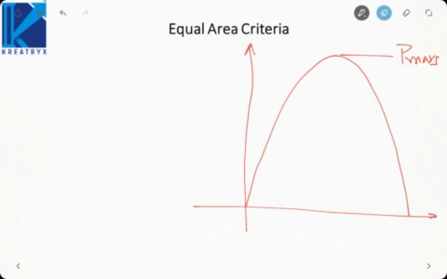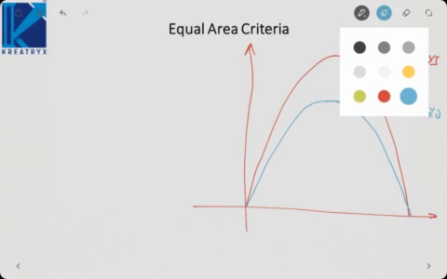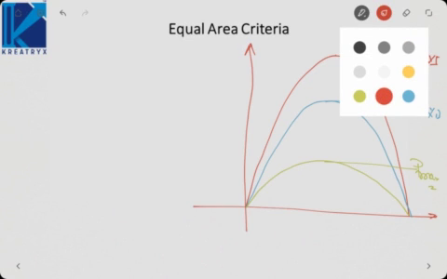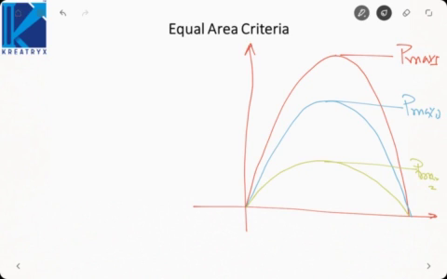The lower curve will be P max 3 and still lower will be P max 2. Now the mechanical power should be less than P max 1 and P max 3, that is, the mechanical power should be less than the steady state limit, but it can be greater than the transient stability limit.